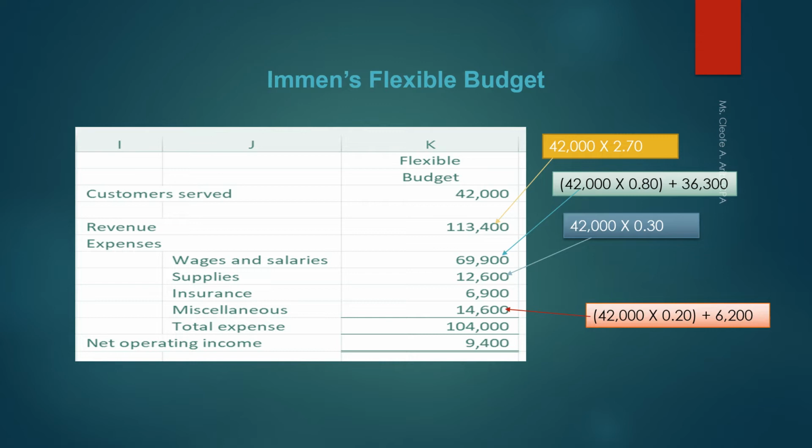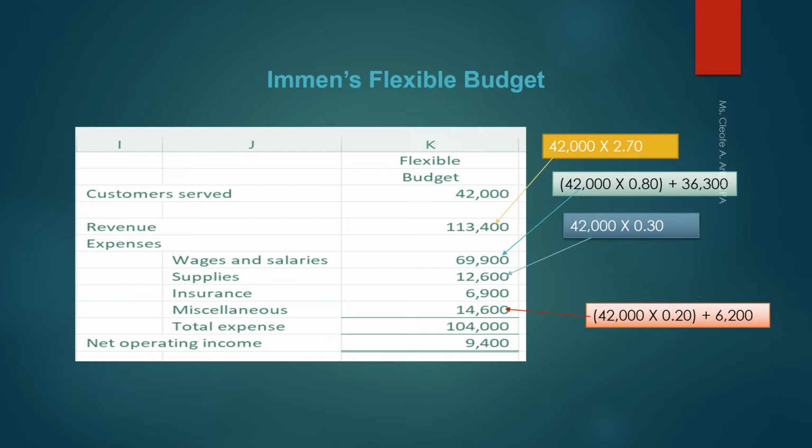So if we look at revenue, your flexible budget revenue will be 113,400. How was it computed? There we see that's 42,000, your actual number of customers served, multiplied by your budgeted revenue of 2.70 per customer.